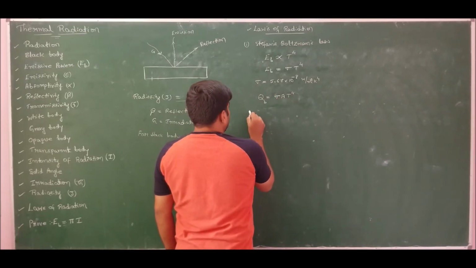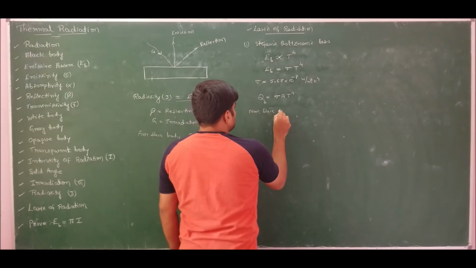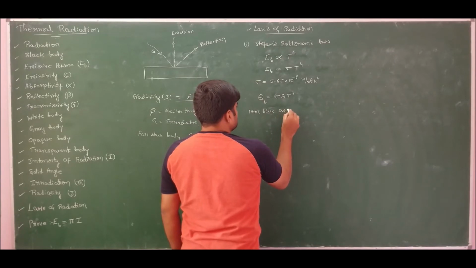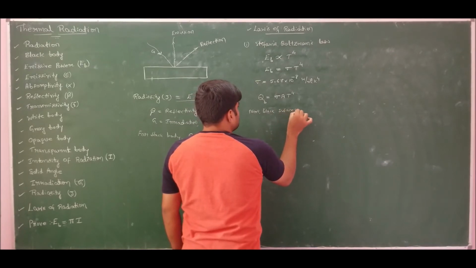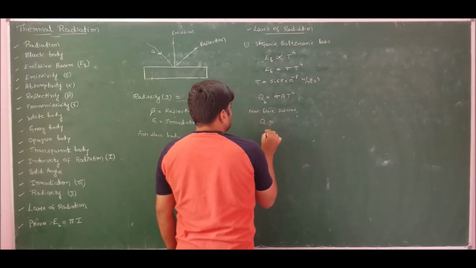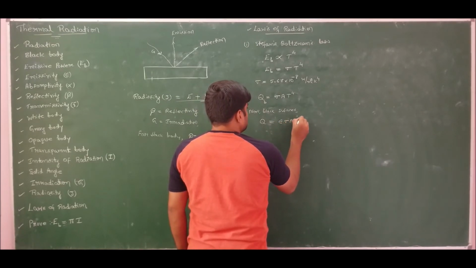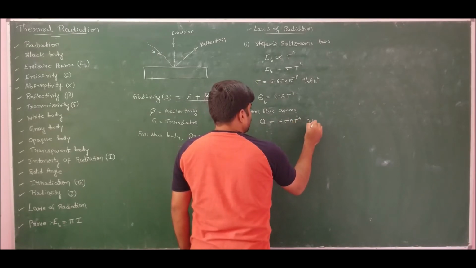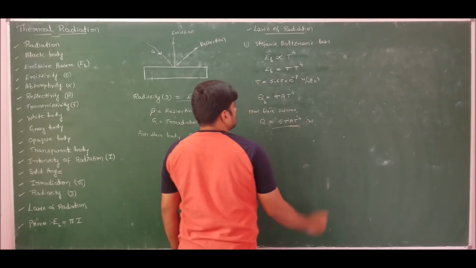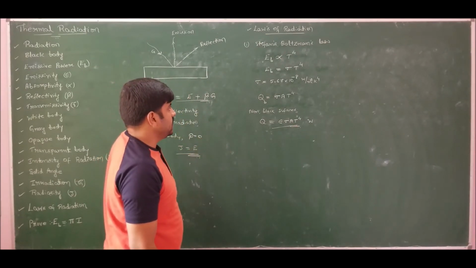Now, for non-black surfaces, I can write the amount of radiation as emissivity times sigma A T to the power of 4 watts. So this is about Stefan-Boltzmann's law of radiation.